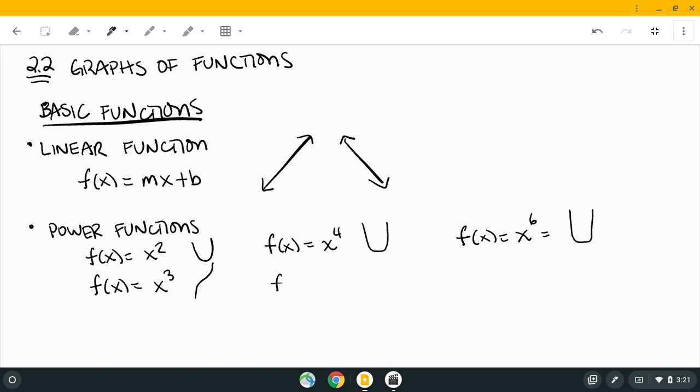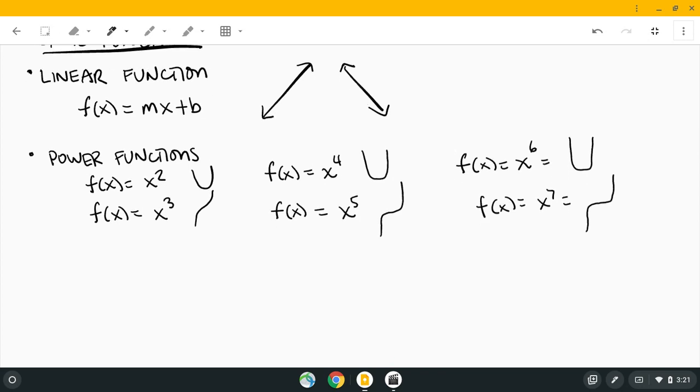Okay, and then same thing here, whether you have x to the 5th or x to the 7th, etc. It'll have a similar graph to x cubed, but again, between -1 and 1, it'll be a little more flat. Okay, and even more flat as the exponent increases, between -1 and 1.